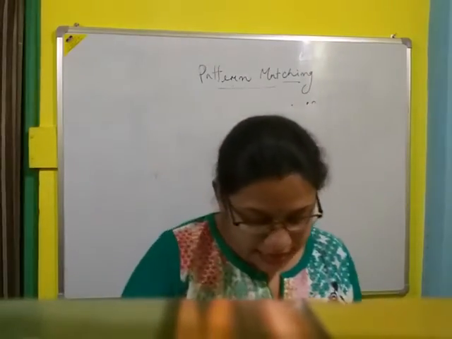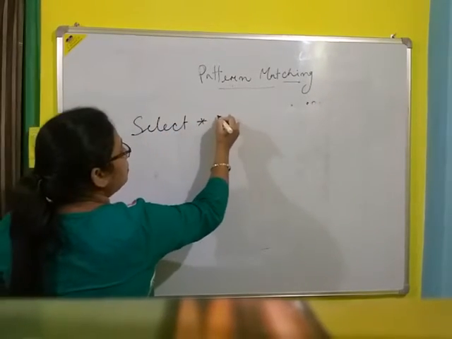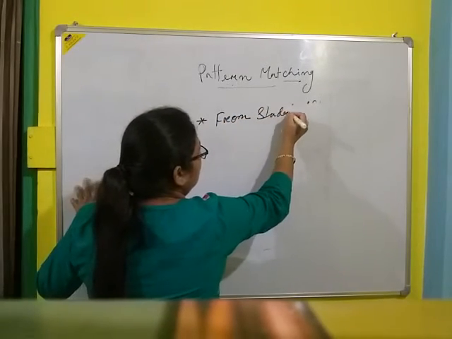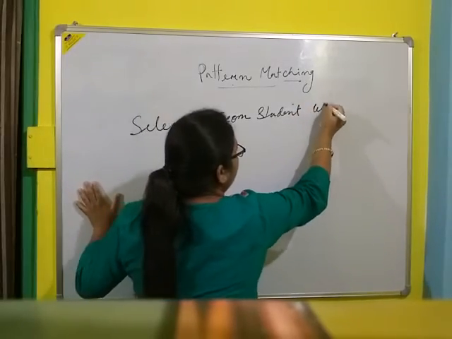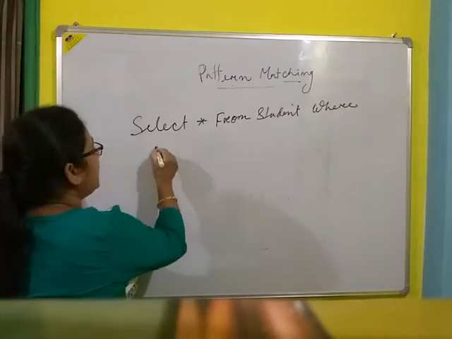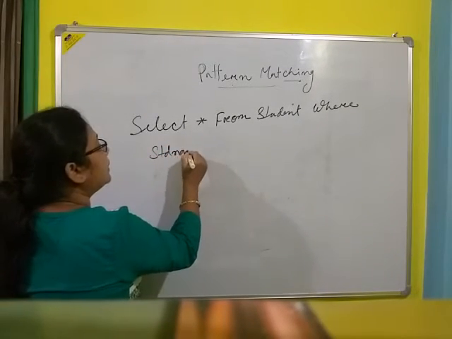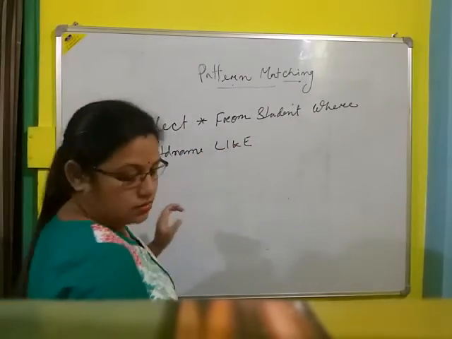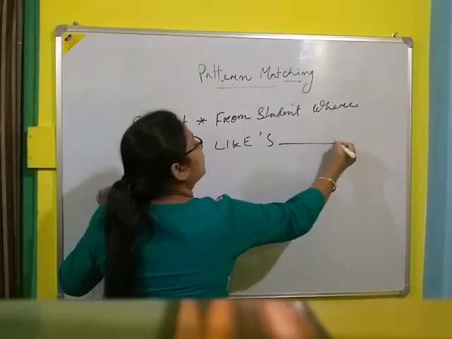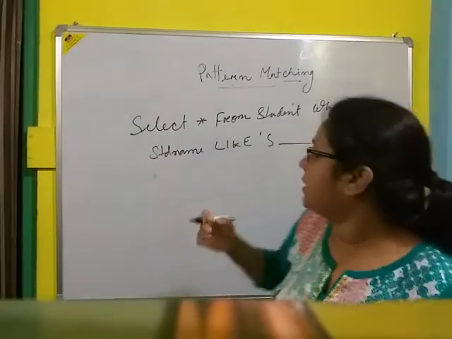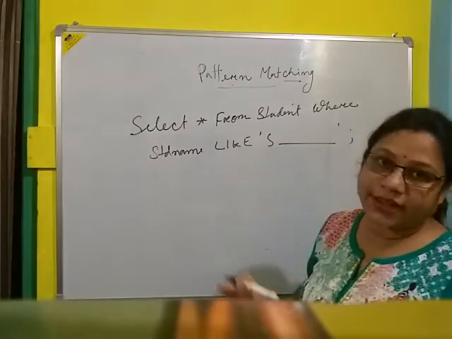Next, the next wildcard character, that is the underscore. So now I am going to use the underscore. Again, SELECT * FROM student WHERE student name LIKE. Here I use the underscore after the character.